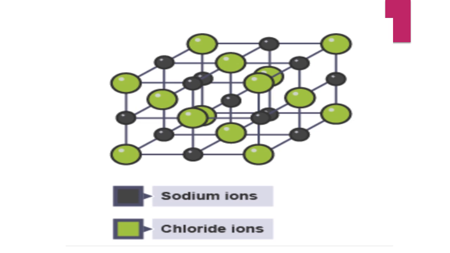As we know, sodium chloride is an ionic compound because sodium is a metal, while chloride is a non-metal. The bond that forms between metal and non-metal is ionic bond. That's why in sodium chloride, we have ionic bond.